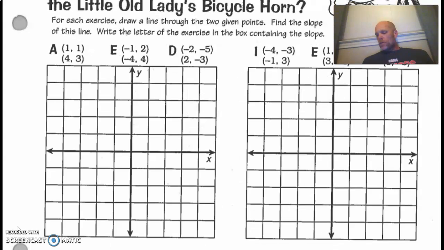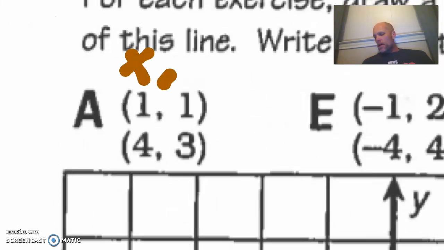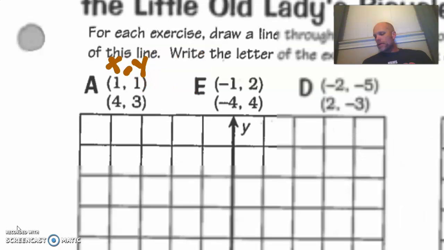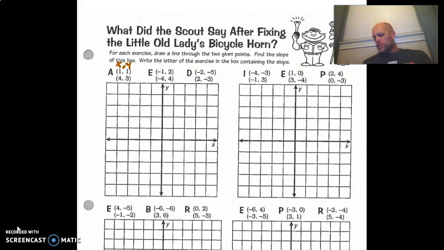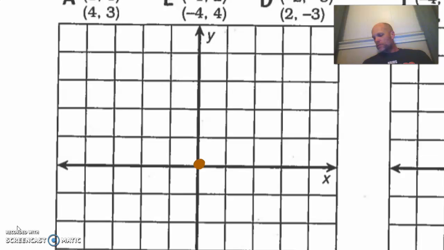Okay. So we've got point A, or letter A. And then we have these right here, which is an X and a Y. So I'm going to put a point on each of those, right? We've got X of 1, Y of 1. Here is the point of origin. So I've got X of 1, Y of 1, so right there.